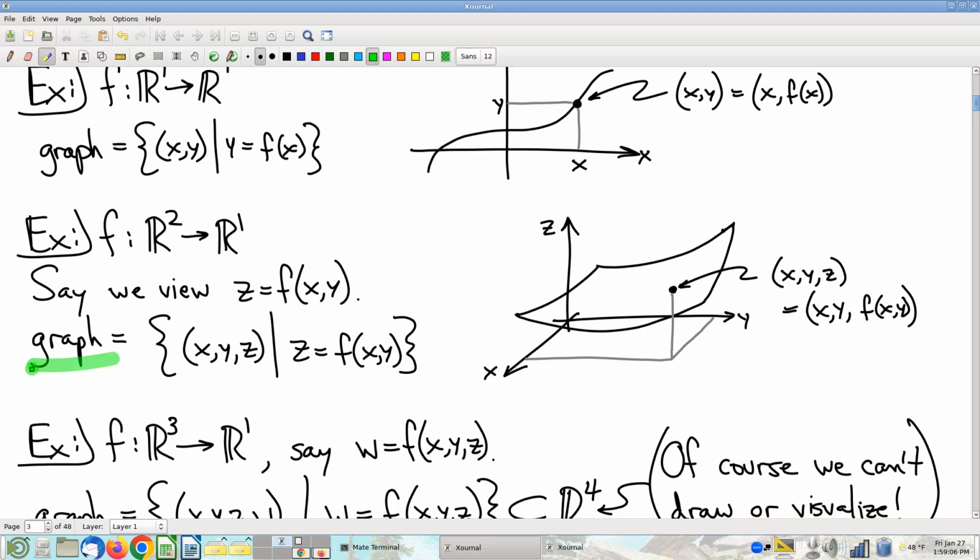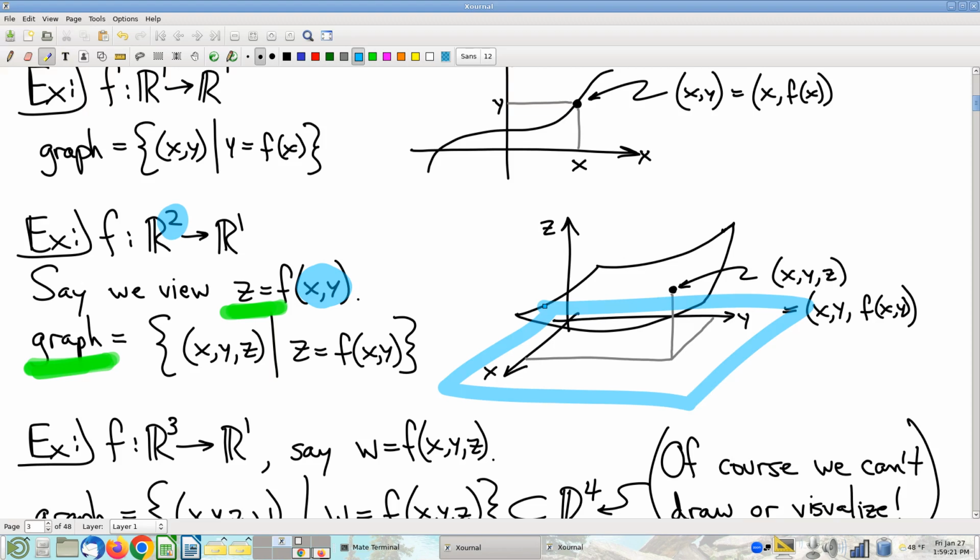And so here's the graph. The graph, again, think of it different ways, but I'm going to think of it here as what you get when you set the value of the function equal to a new variable. Now, there were 2 input variables, and so I had to be careful here. I had to use x and y to describe the inputs. So when I set that equal to a new variable, that is now a 3rd variable, and so I'm going to use z. Just alphabetic order, I guess.